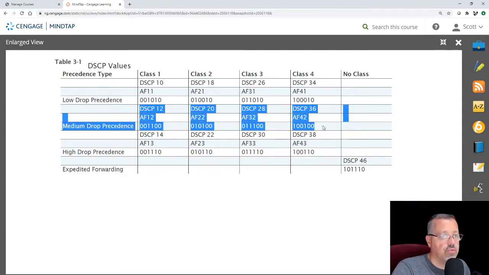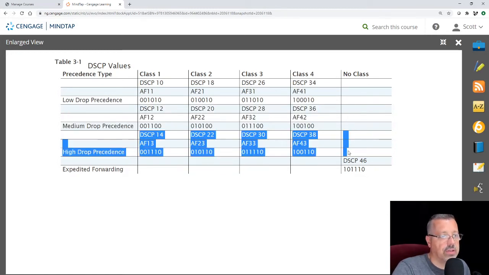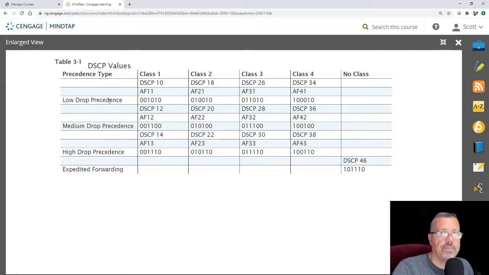Then there's medium drop, which could be dropped. And then there's high drop precedence, which says, yeah, go ahead and drop it. So high drop will go first. It'll be the first casualty, and then medium drop will go, and then low drop. I don't think it makes any sense. To me, it should be inverted, but oh well.